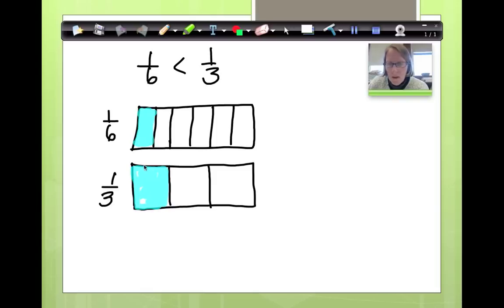Now, just by showing this, by posting this picture, labeling it and coloring in one of them, have I proven that this is true? Absolutely I have. Now, if I'm sloppy and I make this a smaller picture than this, then I didn't prove it correctly, did I? This is just like our glasses of orange juice.